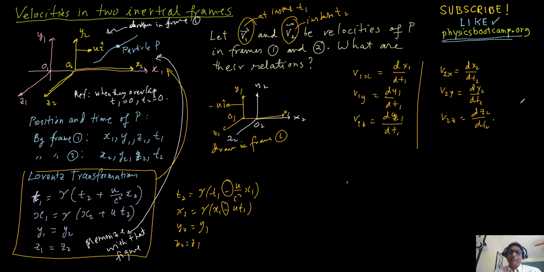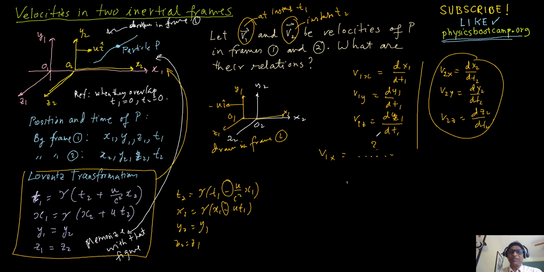Okay, so now if I want to write v1x in terms of only these guys, not using the other ones, what will be this relationship? That's the question.